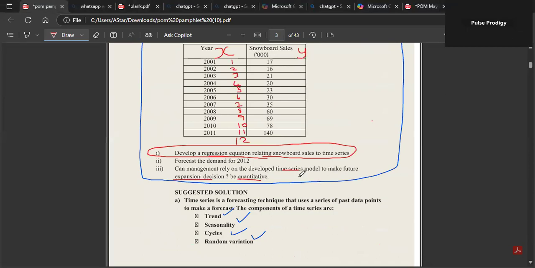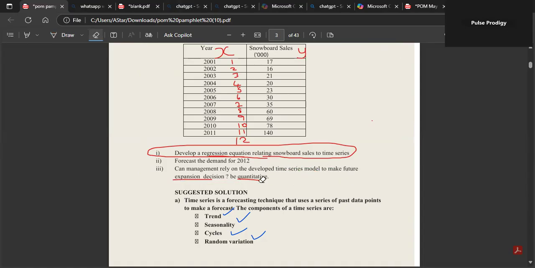So here, find the R. When R is very close to 1, it simply means as the years progress, the sales are also increasing. Are we together? They want us to find R.